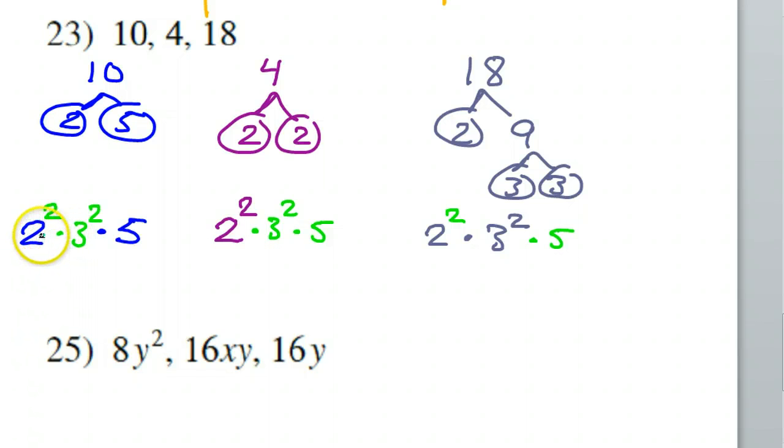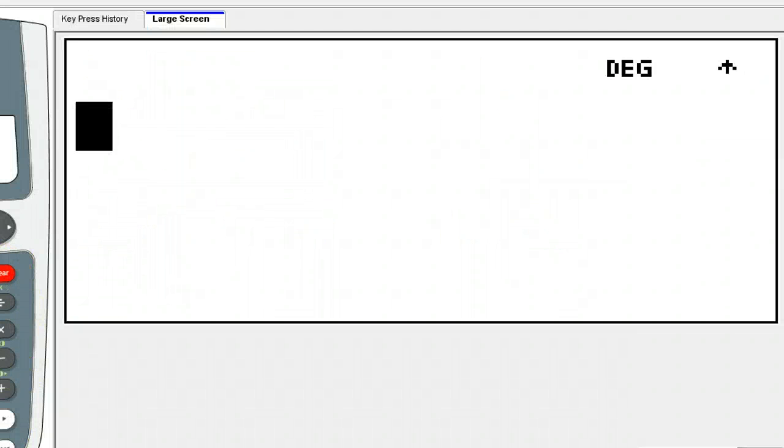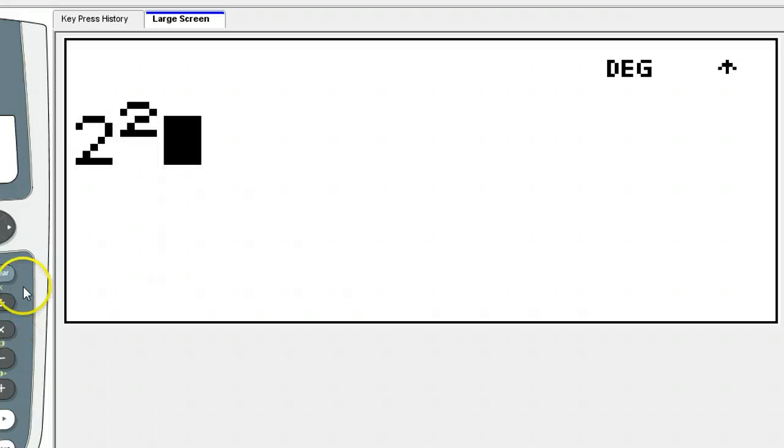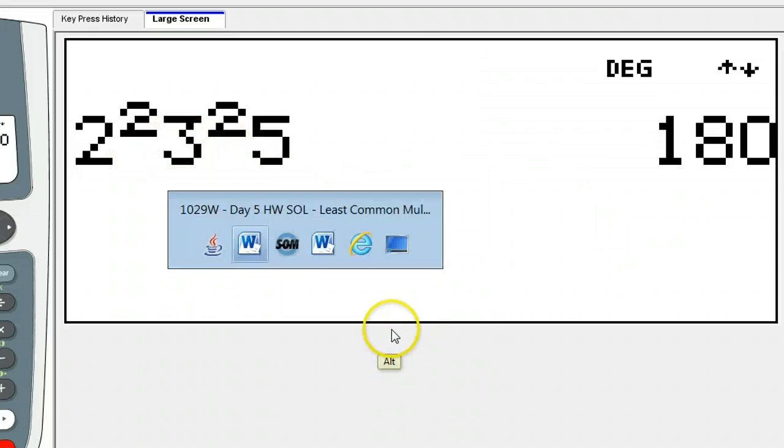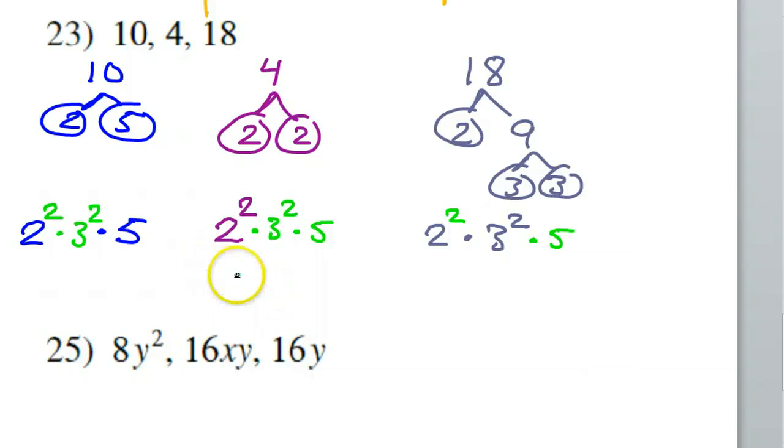It's just going to be 4 times 9 times 5. 2 squared times 3 squared times 5 is 180. So that's the least common multiple, 180.